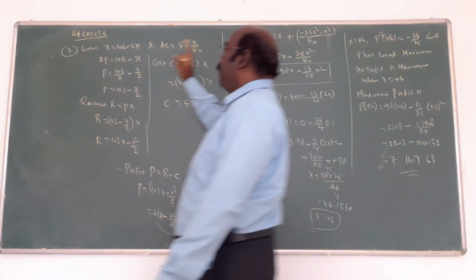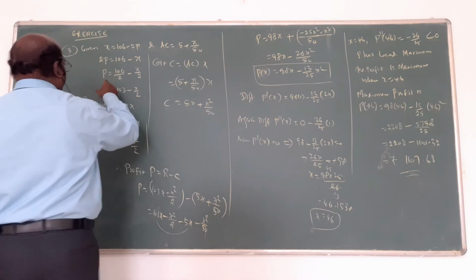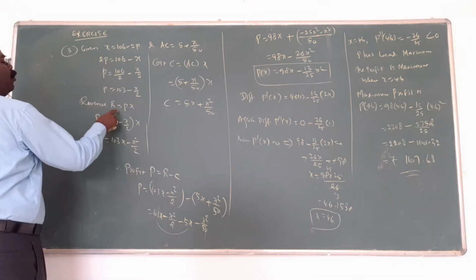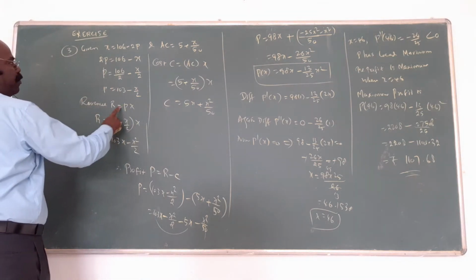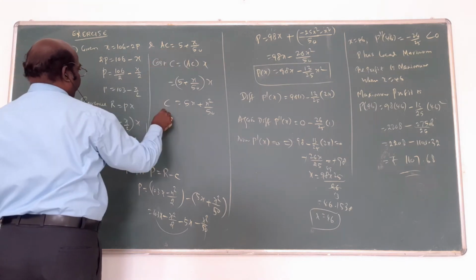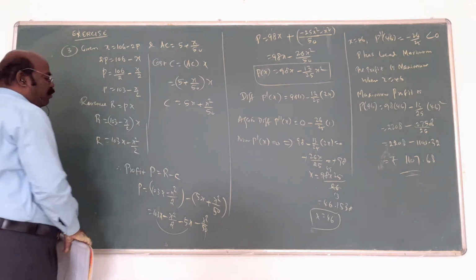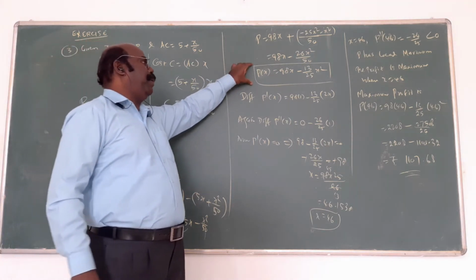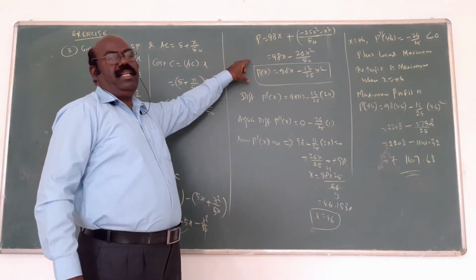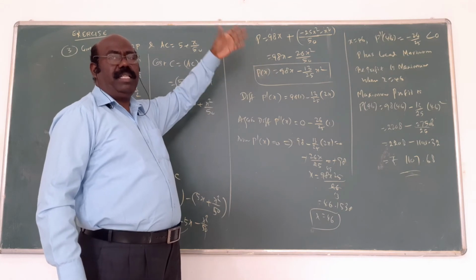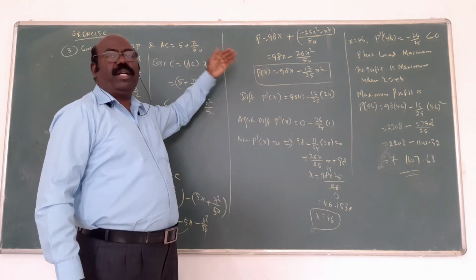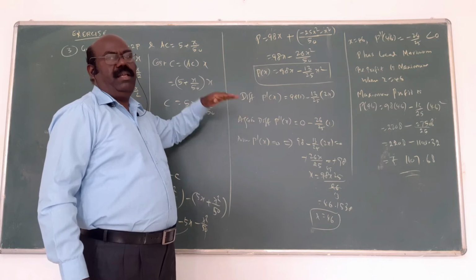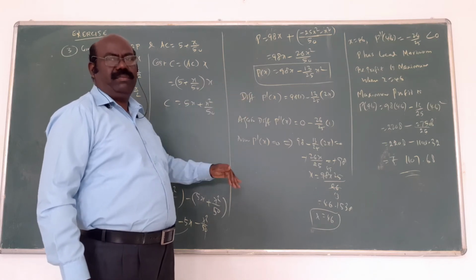Well, let's see the question again. From this equation given, find P, from the P find capital R, this is revenue. From AC find C, this is cost. Profit is R minus C. From this find the value of profit P of X. Then the profit is maximum, that means differentiate P one time, two times. The first derivative equal to 0, you will find the x value.